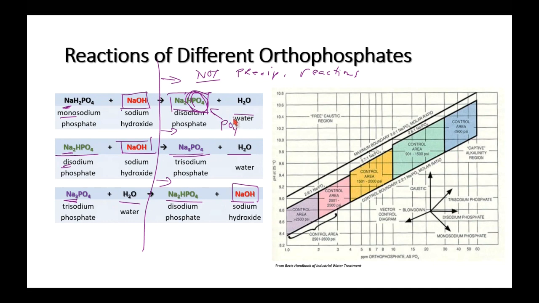That's what's going to do our reacting. If I add disodium phosphate, on the product side I still get a phosphate. I add trisodium phosphate, what do I get? I get a phosphate. So, moral of this story is adding any of these adds phosphate to the water.